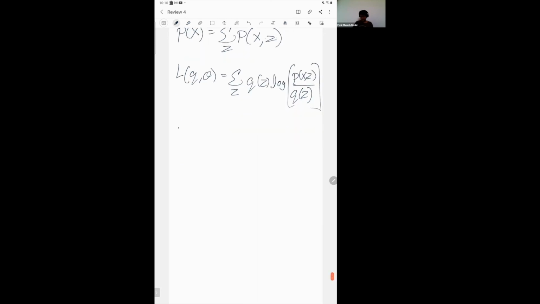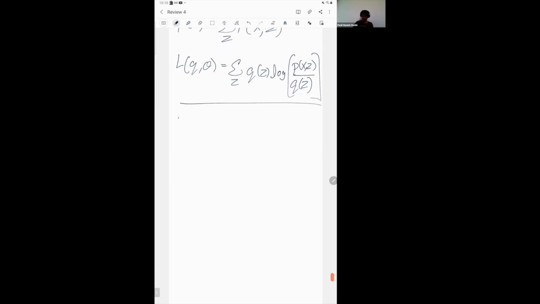Let this be some L of q theta that we have just defined, and the KL divergence between q and p.